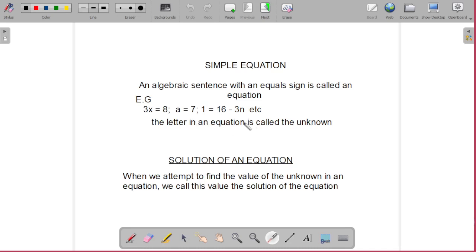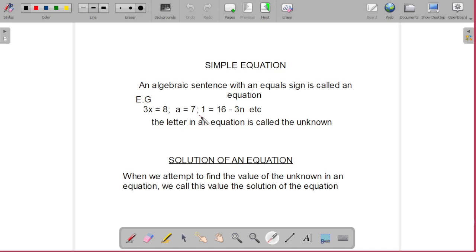Now, the letter in an equation is called the unknown. You notice that in these expressions we have letters. These letters are called unknown, and it means that we need to find out the values that can be attached to them for us to be able to solve it. The goal of a simple equation, which is different from an algebraic expression, is that you can assign a value to your letters.